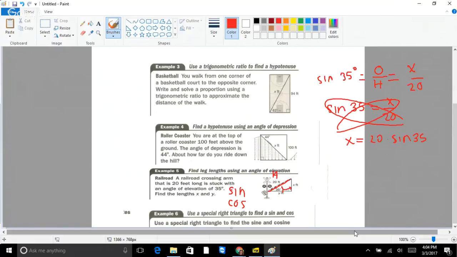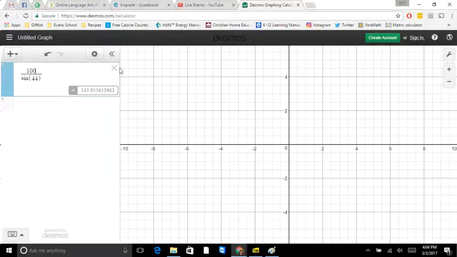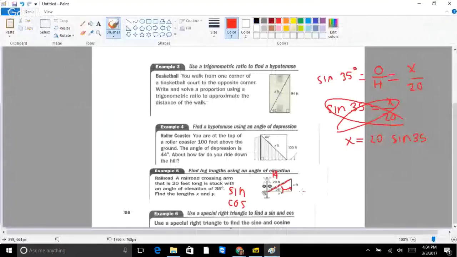So we'll switch to our calculators, whatever you're using for that. So we've got 20 times the sine of 35 degrees. So we get about 11.5, right? X equals 11.5.